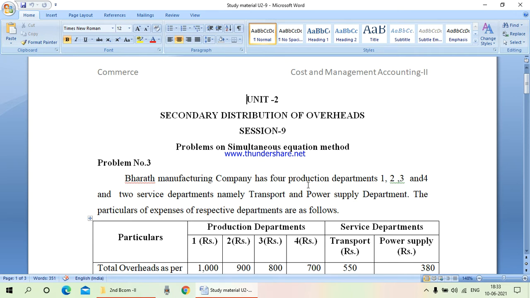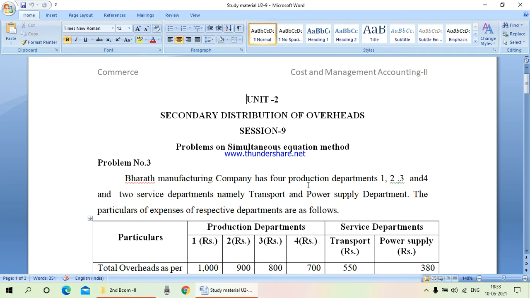Again, we have solved problems under the direct distribution method, then the step ladder method, and in the last class we worked out problems on the simultaneous equation method. Now let us see problem number 3 under the simultaneous equation method.